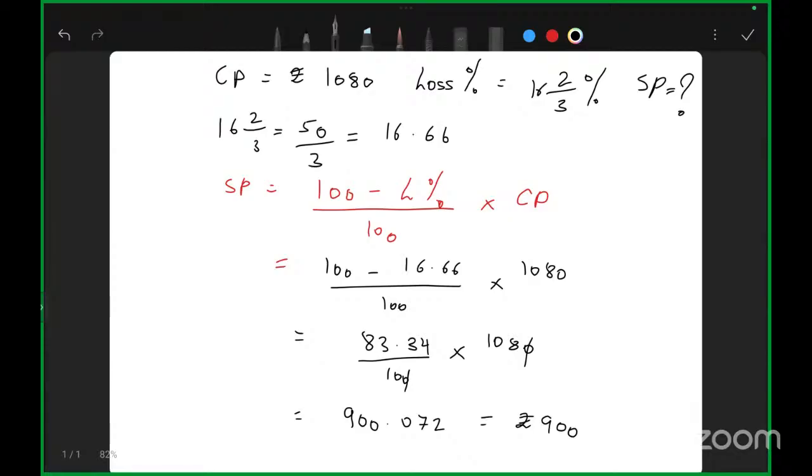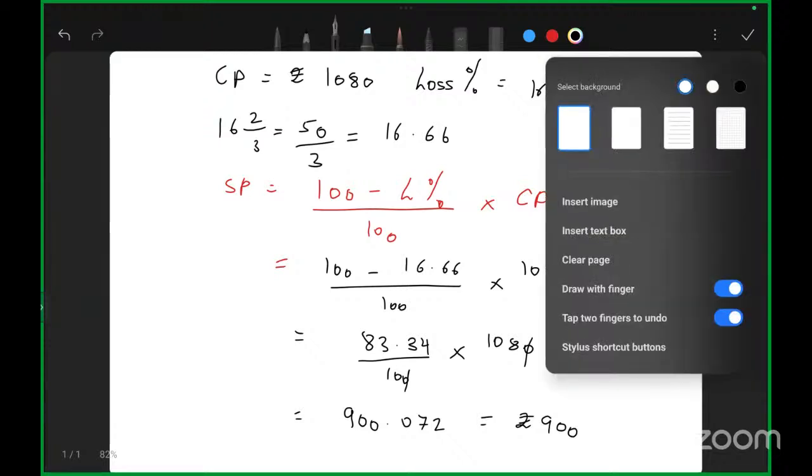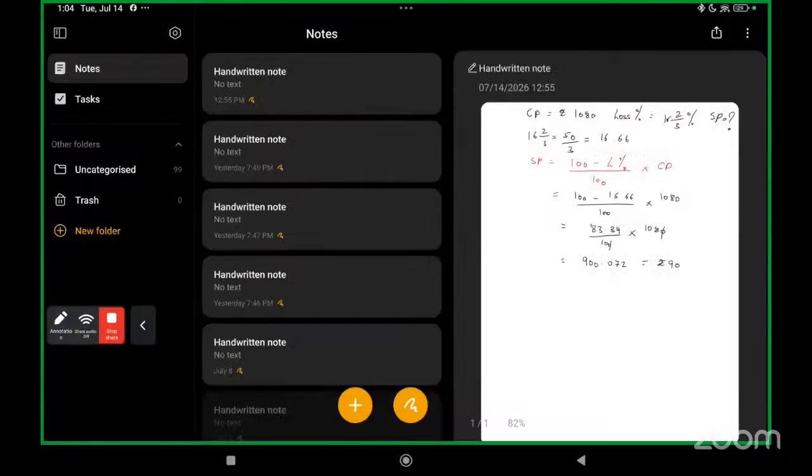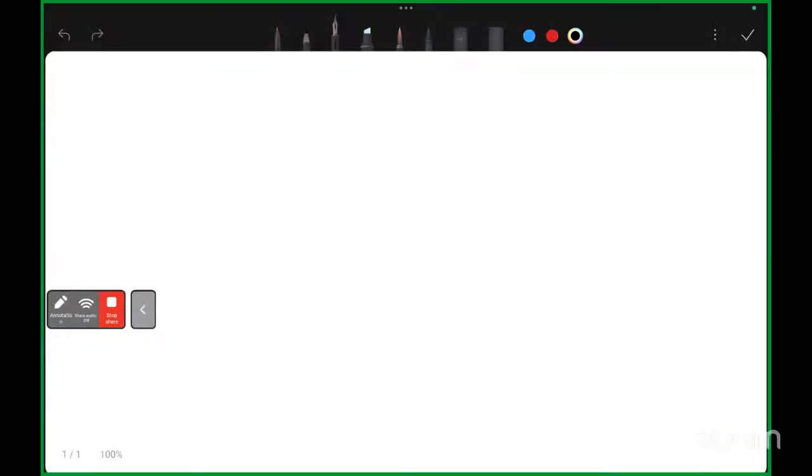Now, one or two questions I will give you. Do this question. Cost price is rupees 480.